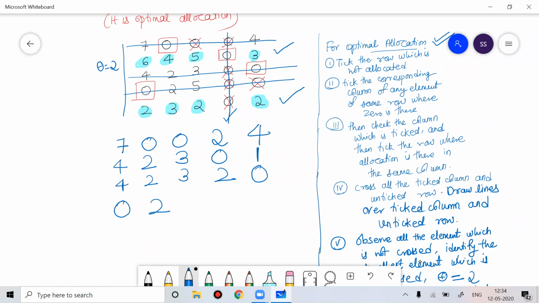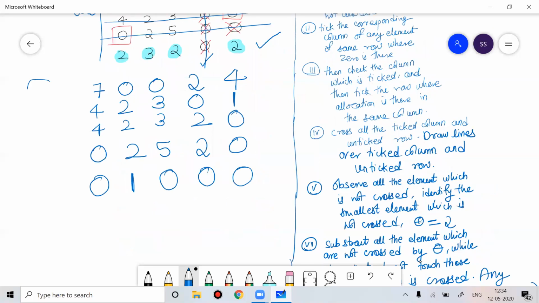Then 2, then 5, then 2 with two lines gone, so 2 minus 2 is 0, 3 minus 2 is 1, 2 minus 2 is 0. One line gone over, do not touch it; two lines gone over, add it, and this will become 0. Now this is the new set of elements you will get.